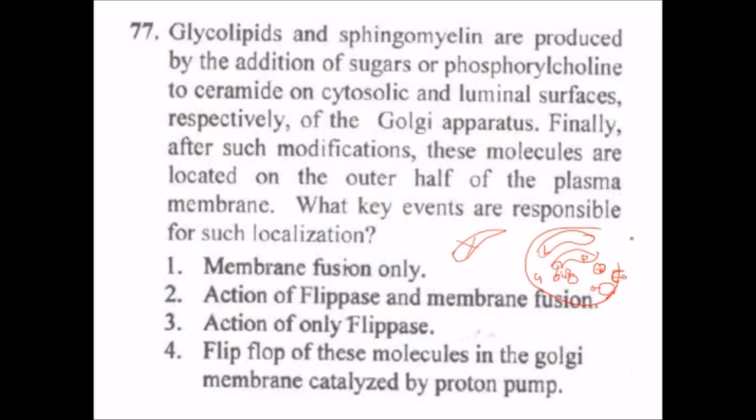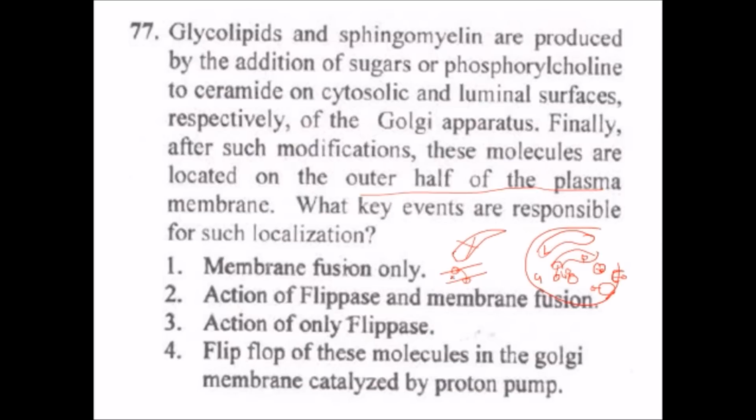But another point written here is that it is expressed on the outer half of the plasma membrane. It means if this is the double layer of the plasma membrane, then it will be expressed on the outer membrane. It means it has flipped from the inner membrane to the outer membrane, because we know that the modification or the protein gets inserted on the cytosolic side of the membrane, and then it undergoes flippage.